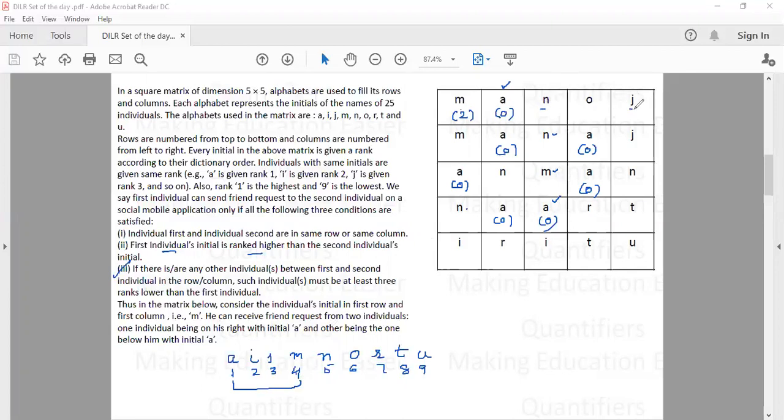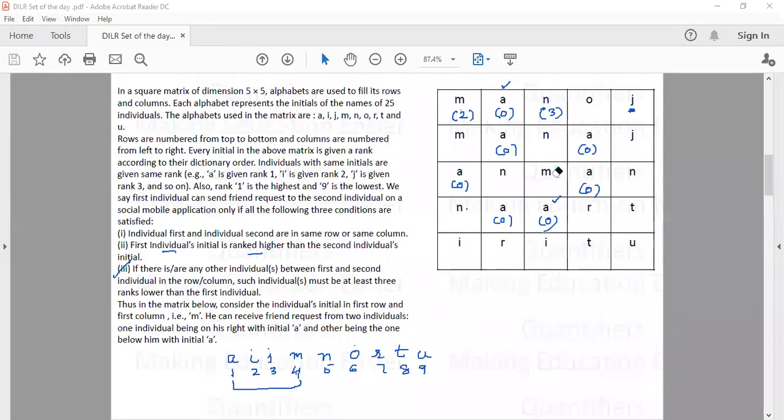Further, J is ranked higher than N, so J can send the request to N, but there is one person O between. J is ranked 3rd, O is ranked 6th, so there is a gap of 3 ranks, so J can also send the request to N. So this N can receive requests in 3 ways.